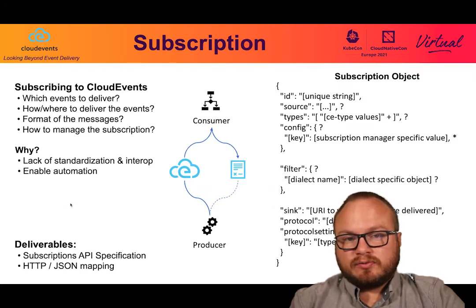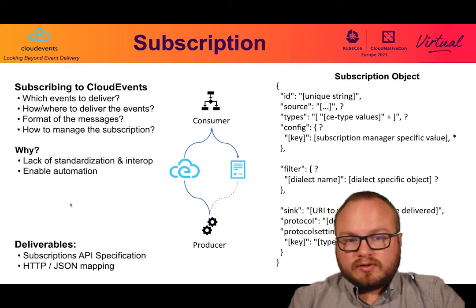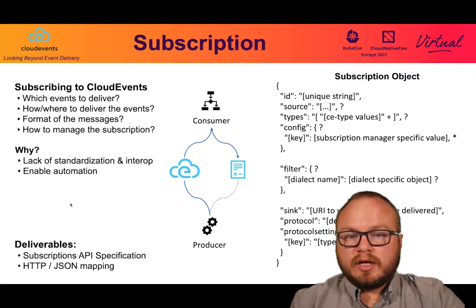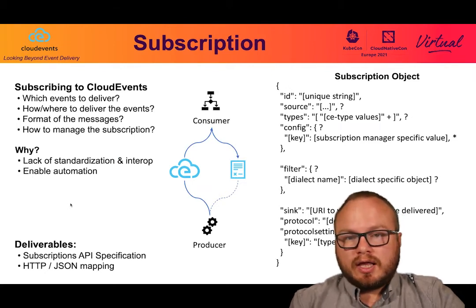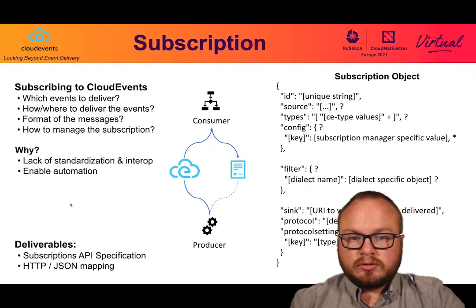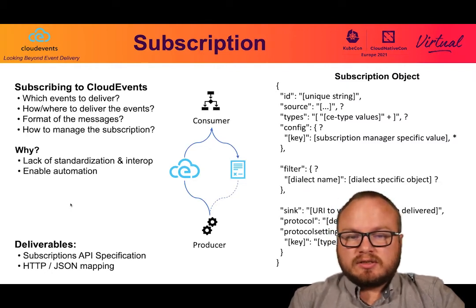In this subscription object, as we see on the right side, you can define the different types that you want to subscribe to, and you can also filter through different dialects that are defined in the norms. Then the sink is basically where you want the events to be pushed and with which protocol, and the settings that go along with it.